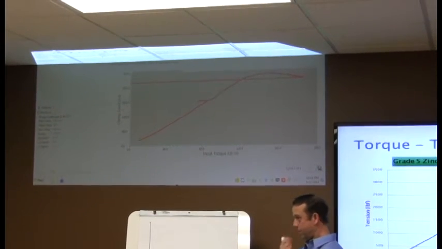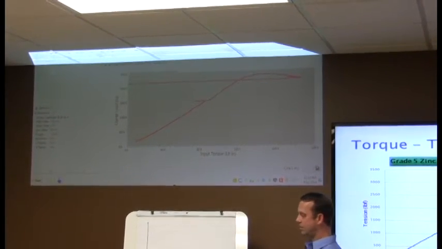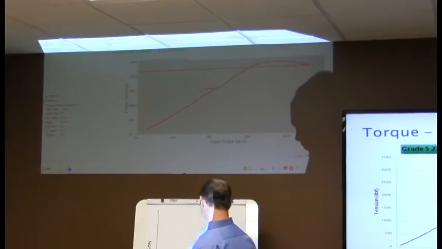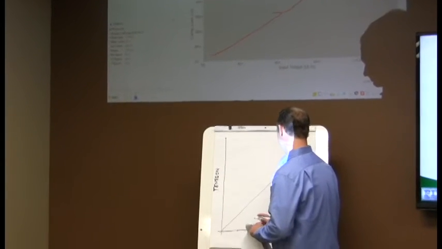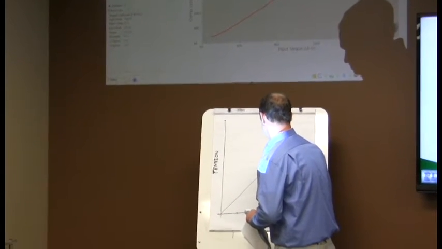So this one yielded at 120 inch-pounds of torque and 2,500 pounds of flange.